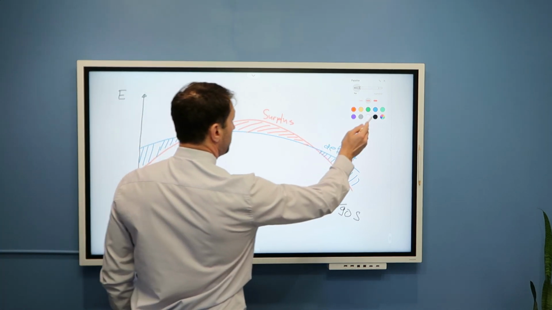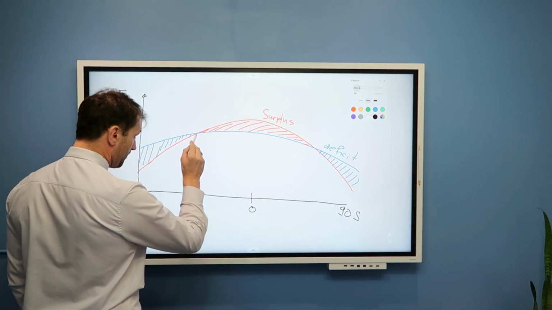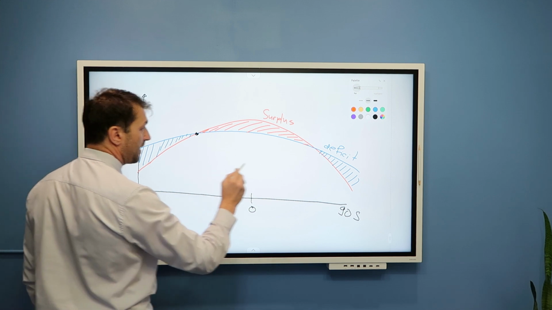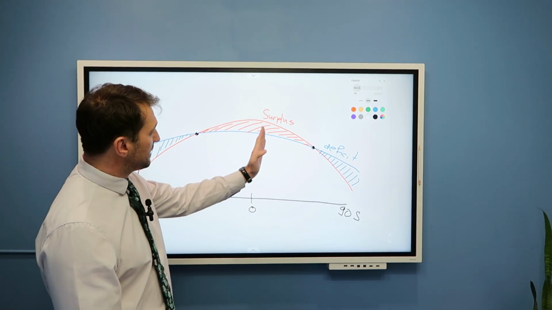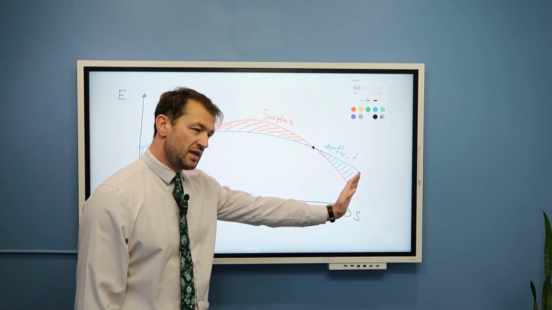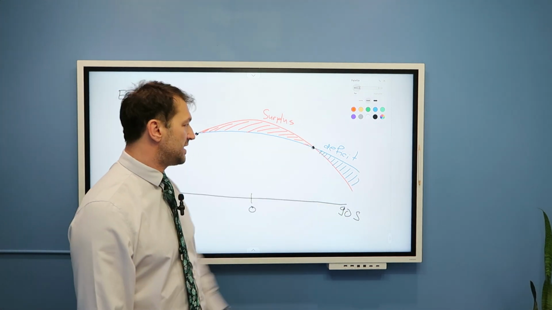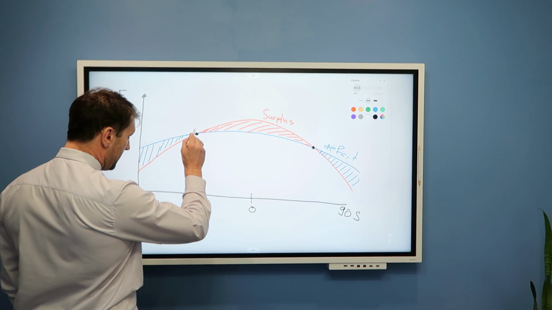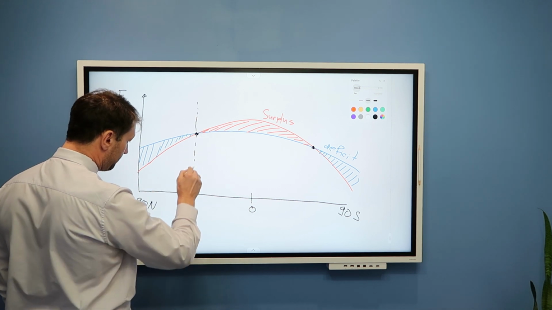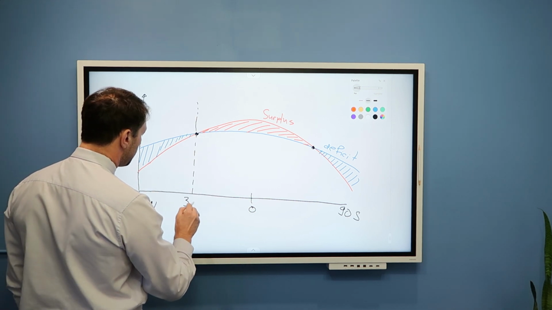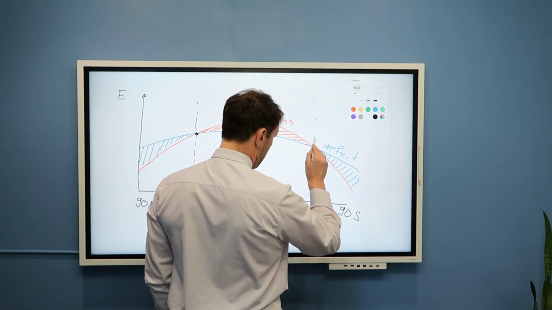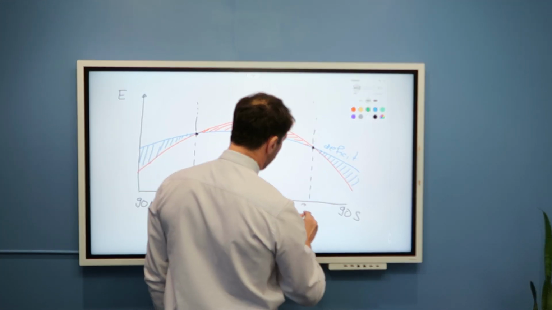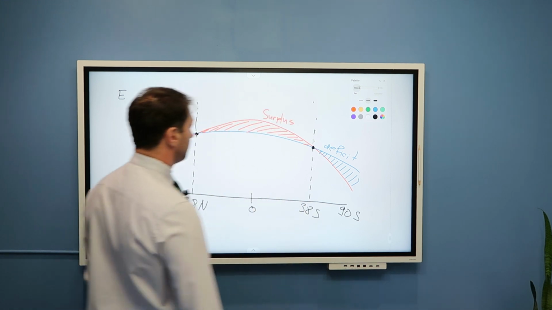You will also notice that there are two latitudes, this one over here and this one over here, where the amount of energy that we receive from the sun equals the amount of energy that the Earth sends into the cosmos. And these two latitudes sit at 38 degrees north and 38 degrees south.